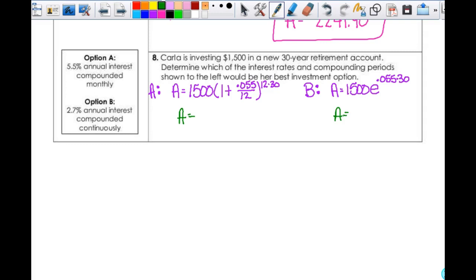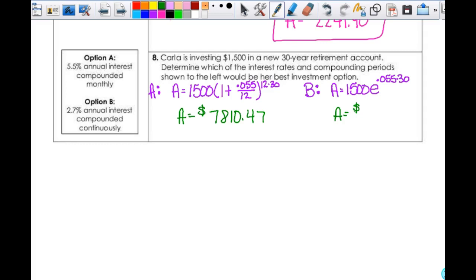Jeremiah, what did you get for the first one? 7,810.47. Okay, and what about the next one? Do y'all agree with this? No. I think that yours, oh, it's switched.